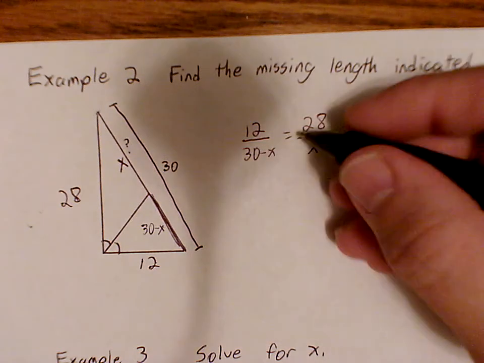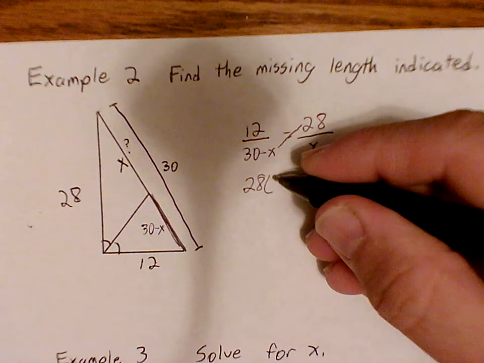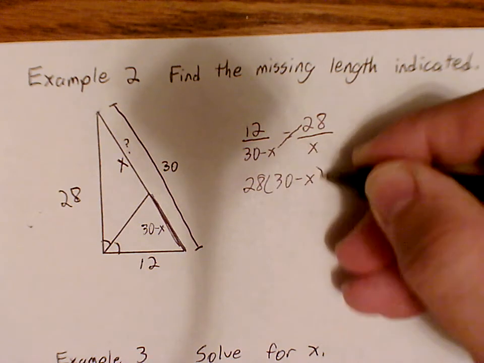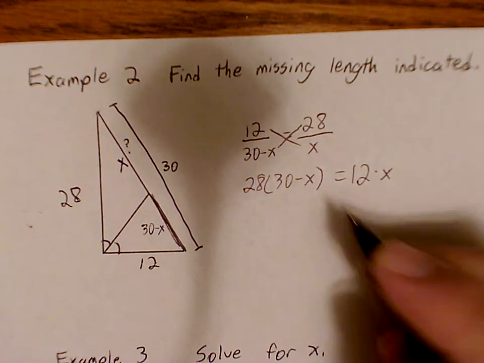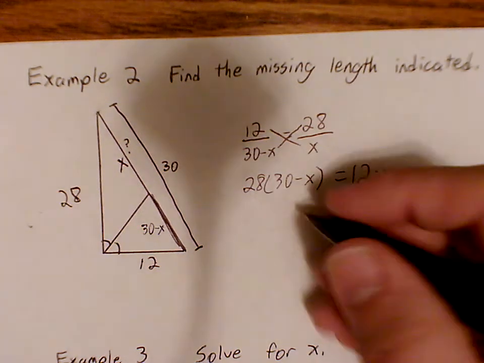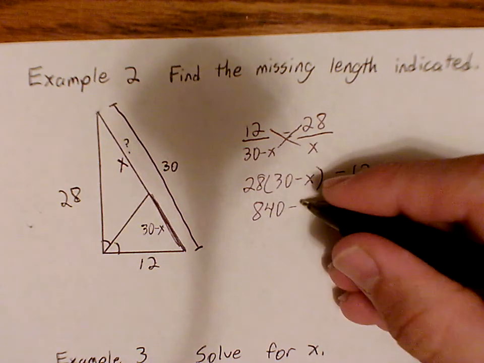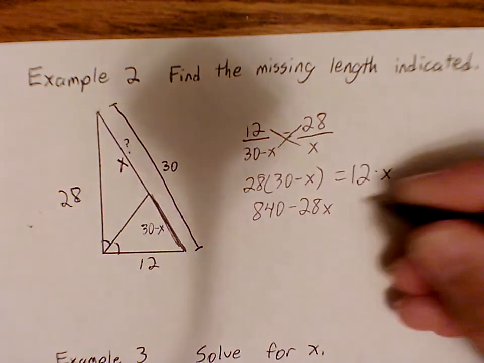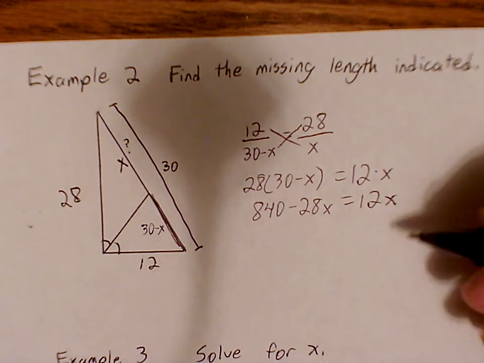So I'm going to have 28 multiplying the 30 minus x. And I'm going to have 12 multiplying the x. Now as far as 28 times 30, and I am just using a calculator here. Don't let me fool you that I'm that great. 840. And 28 times negative x is negative 28x. And then 12 times x is 12x. Hey, that's the kind of math I can actually do.